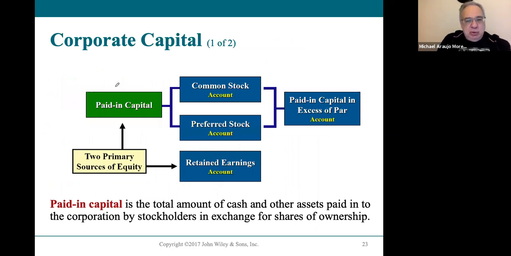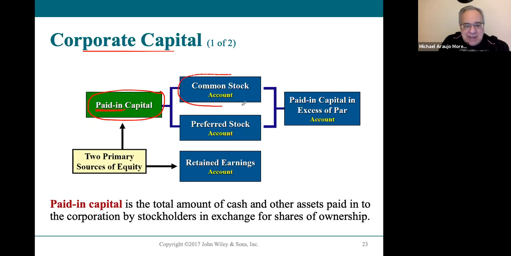So let's go to the stockholders' equity section of the balance sheet to show how corporate capital is structured. Well, we've been talking about stock. Stock is considered what we call paid-in capital. Now, this is interesting, right? Paid in. So imagine physically paying in. Well, that's exactly what stockholders do.